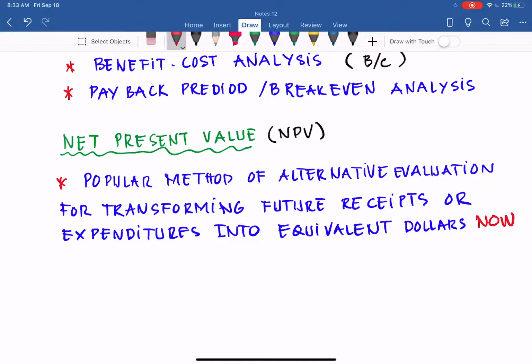And that's why we call it present value.